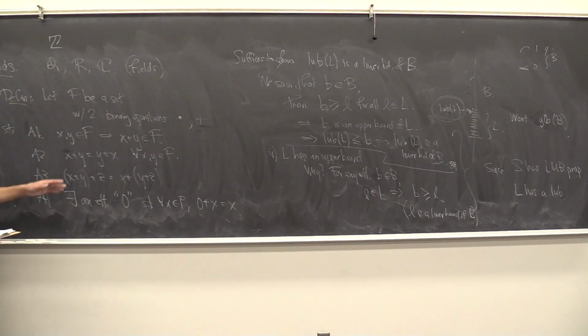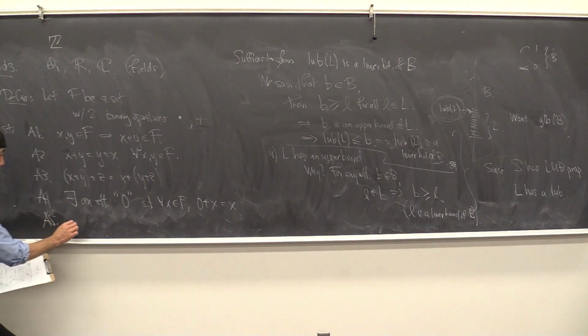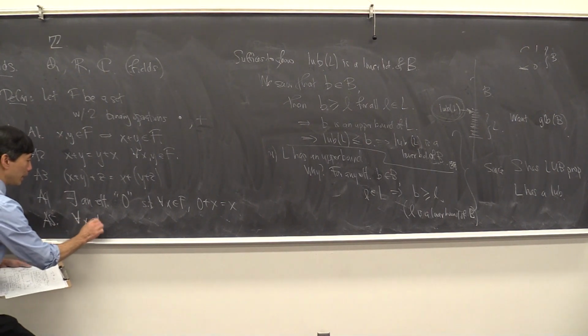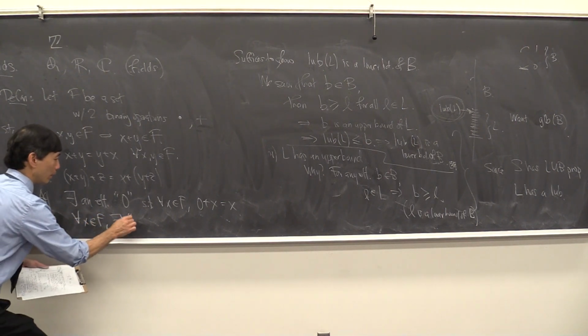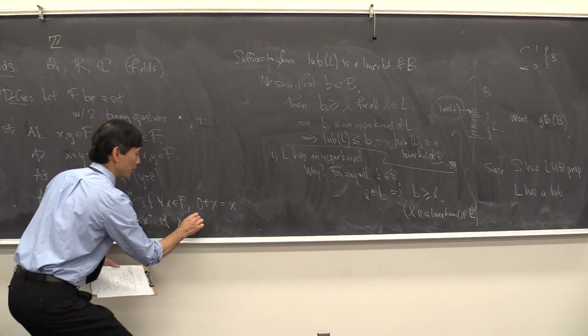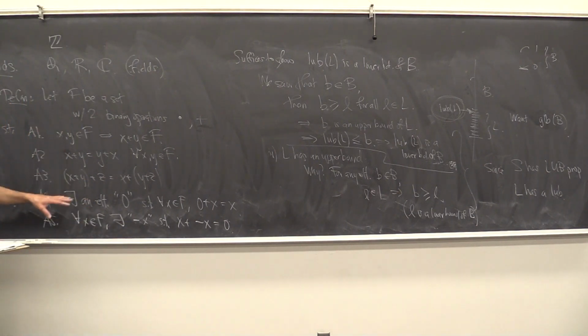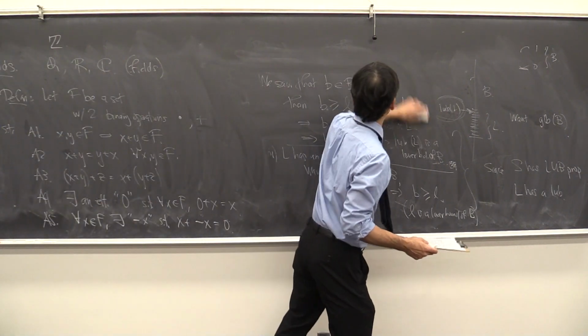So there's something called an additive identity. And then for all x in F, there exists something called negative x, such that x plus negative x equals the 0 element. So there are additive inverses. Okay, so all these things should hold.